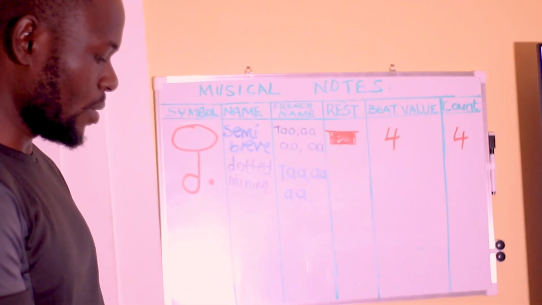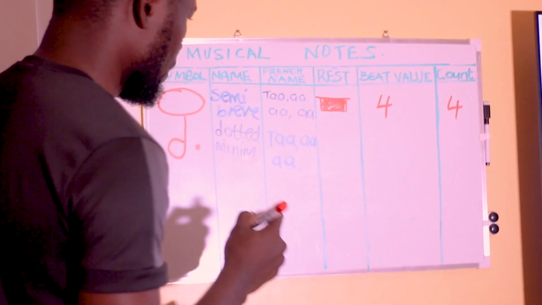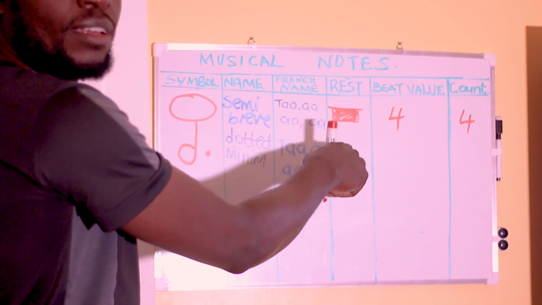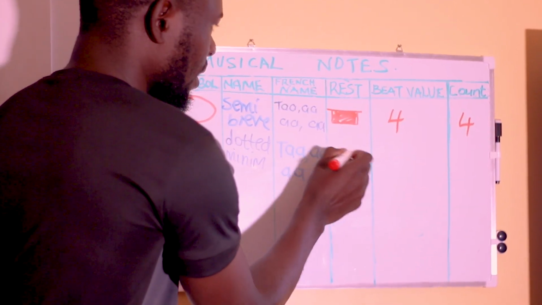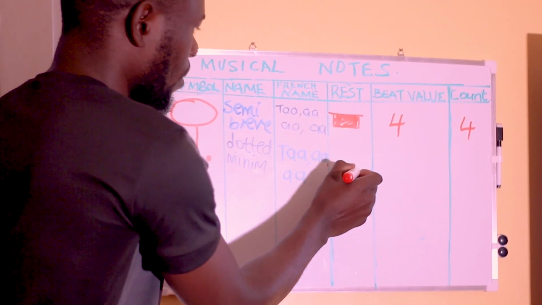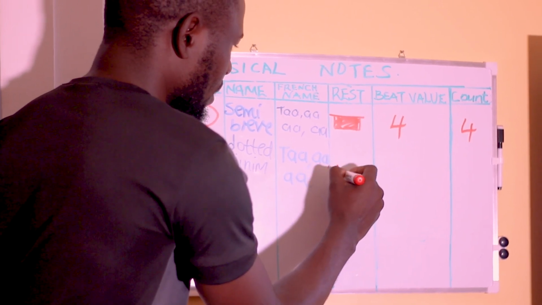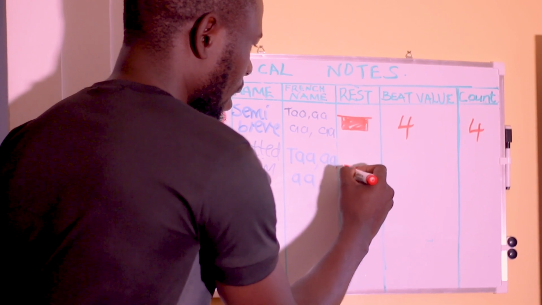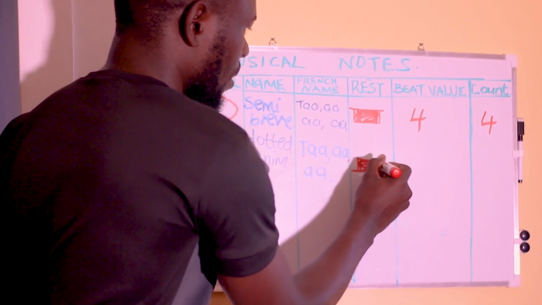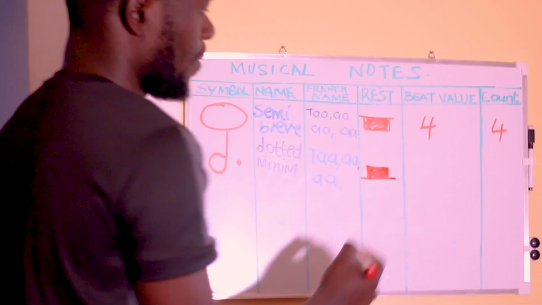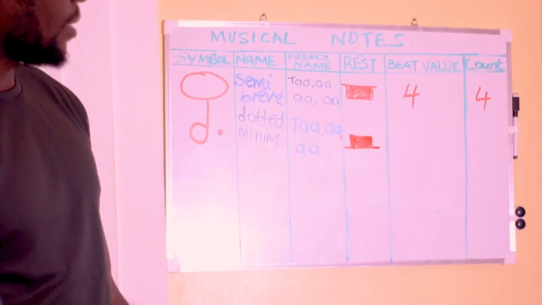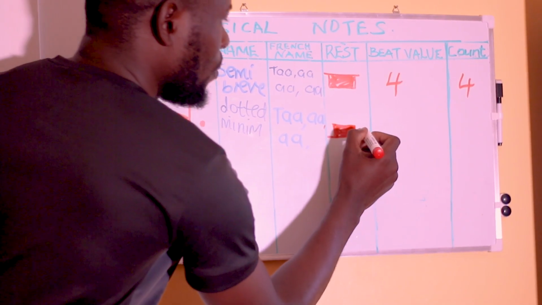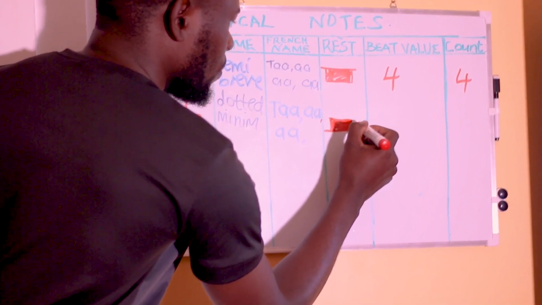To the next one, we go to the rest. The rest of the dotted minim is the minim rest, which is inverted. The semibreve rest was looking downwards; this one will be upwards. Someone said it looks like a mountain looking up. You can come close to see the rest here. So we write the rest of a minim, then we add a dot.